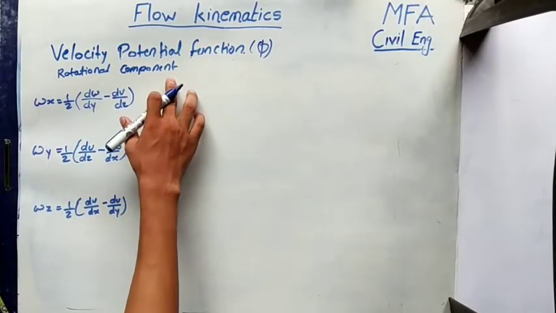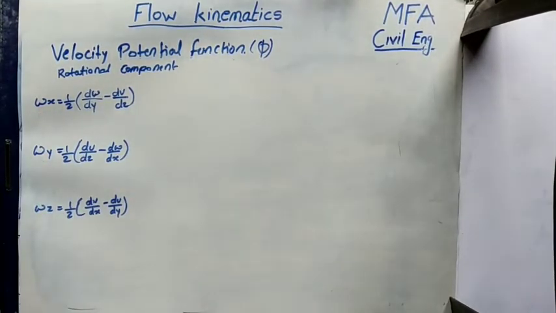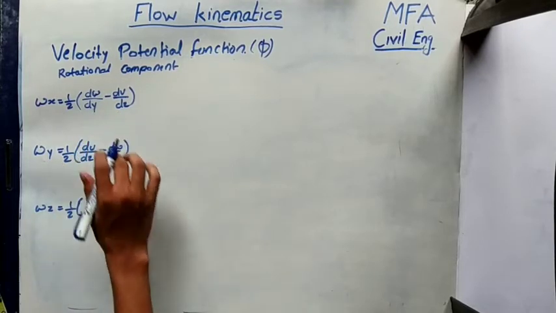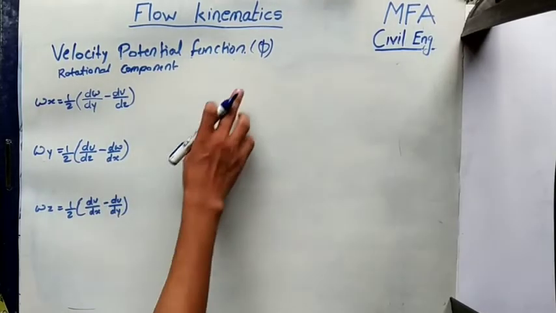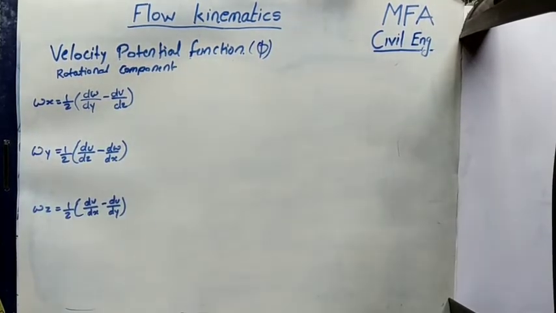For the rotational components, the expressions for the rotation in the x direction, the y direction and the z direction are given here. Now put the values of u, v and w in these equations in the form of the potential function. We get the rotational components in the form of the potential function.